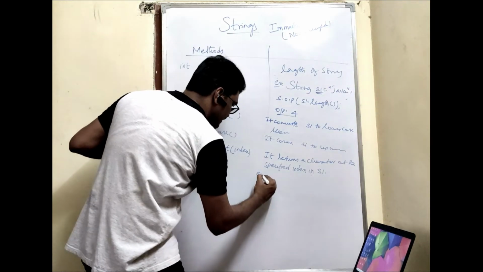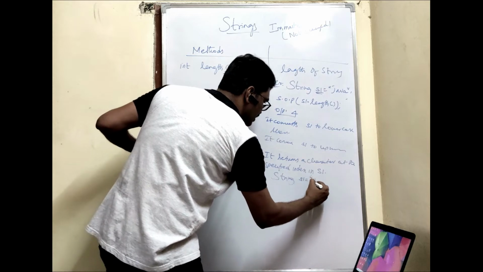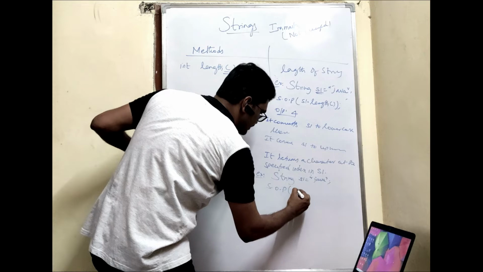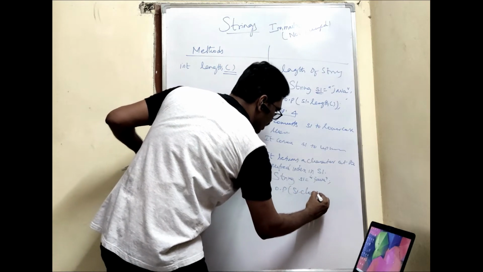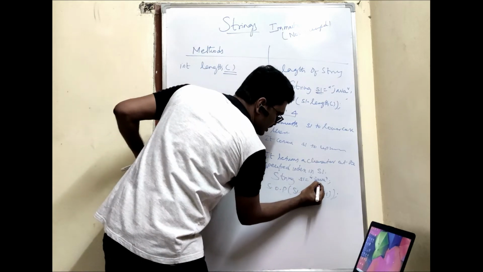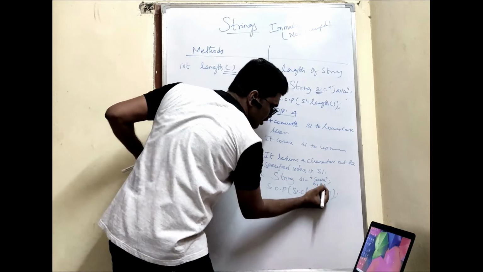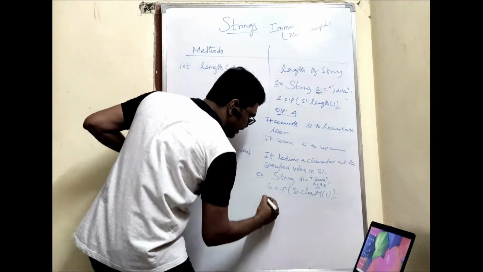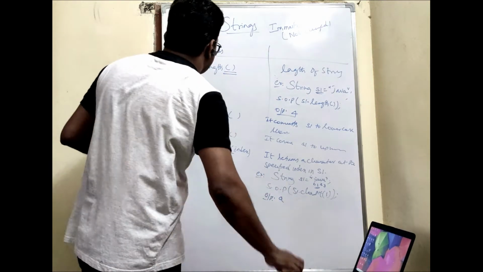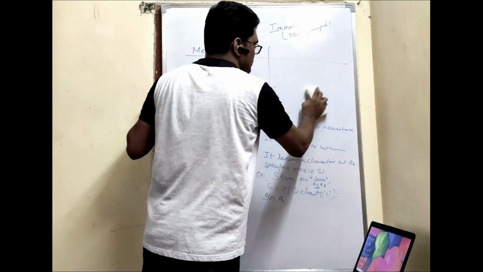For example, if I say String s1 = "Java" and System.out.println(s1.charAt(1)). Here also the string starts with the 0th location, then 1st location, 2nd location, 3rd location. So what is the character at the first location? The output is a. So charAt is a method which returns the character at a particular position in the string.